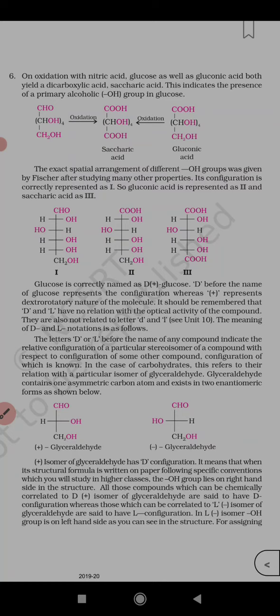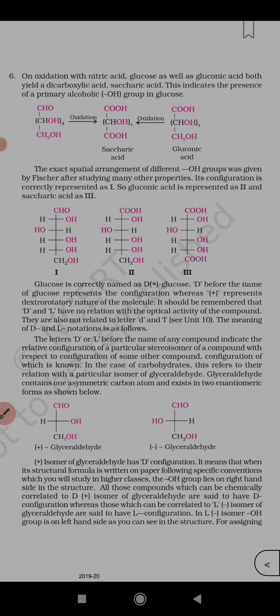The minus isomer of glyceraldehyde is said to have L configuration. In the L minus isomer, the OH group is on the left hand side.